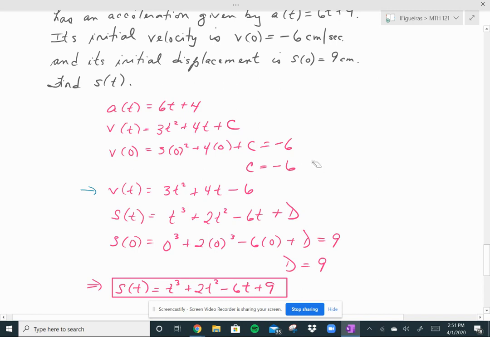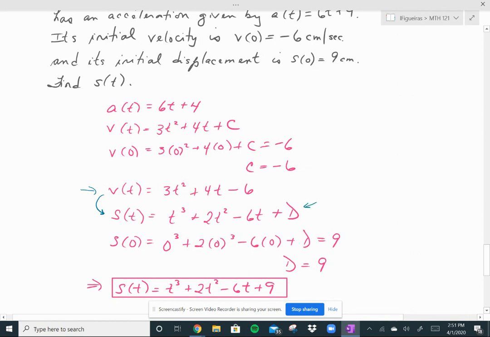But remember, we're looking for displacement. So we take the antiderivative of velocity to get your s of t. So again, anti-power rule, we get t cubed plus 2t squared minus 6t, and then we introduce a new constant called d.